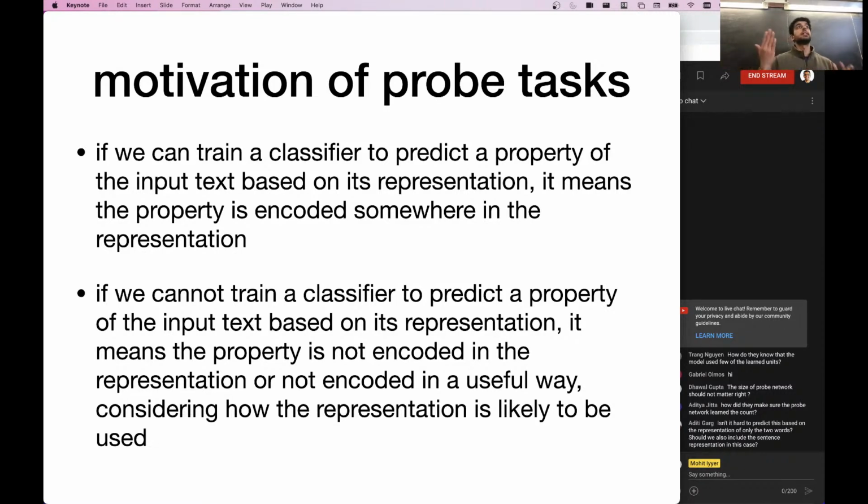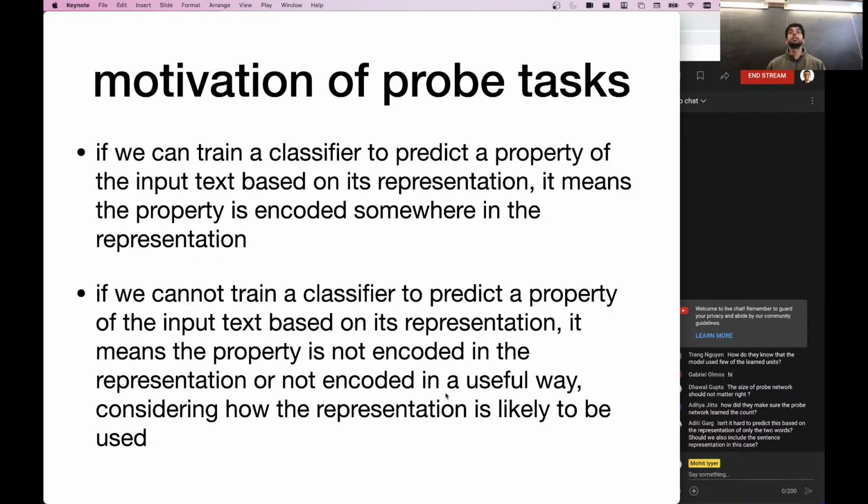That's the main takeaway from this set of experiments. And if we cannot train a classifier to predict that information, that does not necessarily mean that the property is not included in the representation. It might mean that it's just very difficult to train the probe network to elicit that information from the representation.